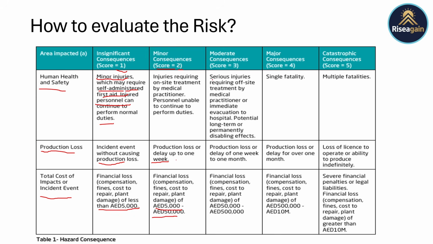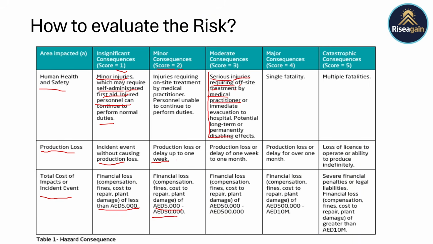And if there are serious injuries requiring off-site treatment by medical practitioner or immediate evacuation to hospital, potential long-term or permanent disability, so we can say that it is moderate and can be considered even LTI. So here, when people says it is LTI, so this one is considered LTI.